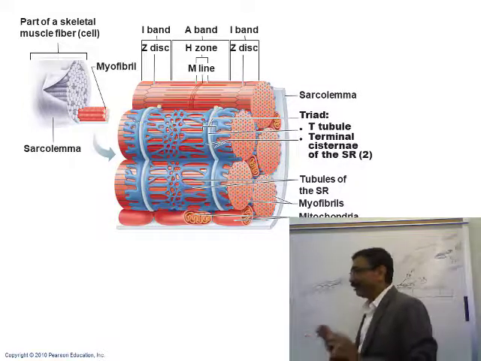Make sense? And when you send a signal from the brain, that will tell the sarcoplasmic reticulum to release the calcium. Where should the calcium go? Inside the sarcomere, right, where you have actin, myosin, troponin, tropomyosin. So from the sarcoplasmic reticulum, the tube that takes the calcium inside the sarcomere is called the T-tubule.